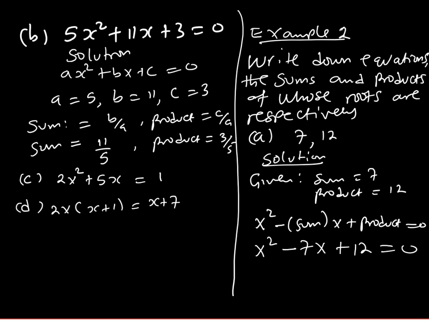You have it. Okay, so what is B? They want you to write down the equation if you have been given the sum as minus a half and the product is minus 3 over 8. Go ahead and write down that quadratic equation. Let's do it, just as simple.